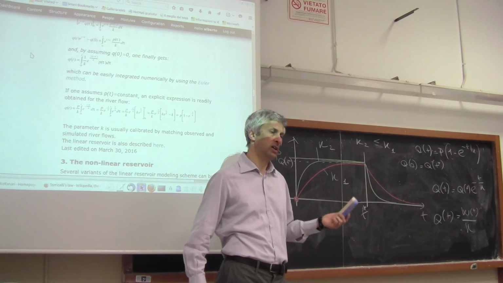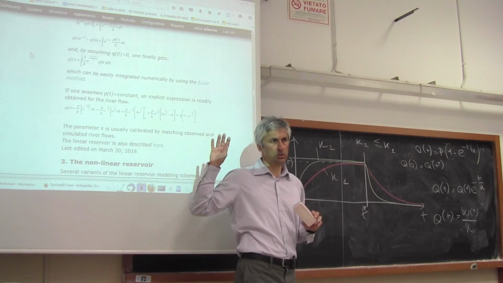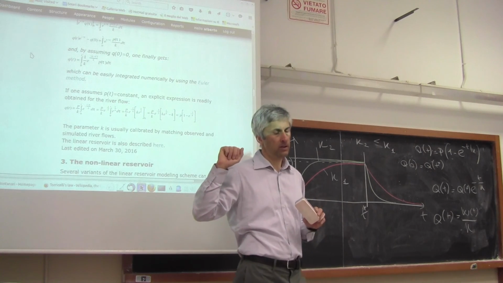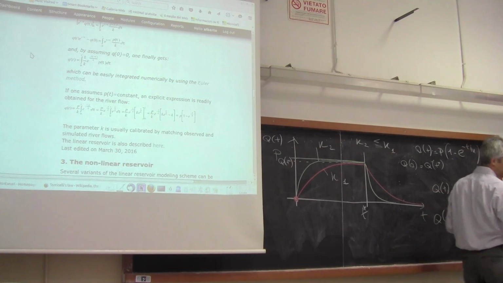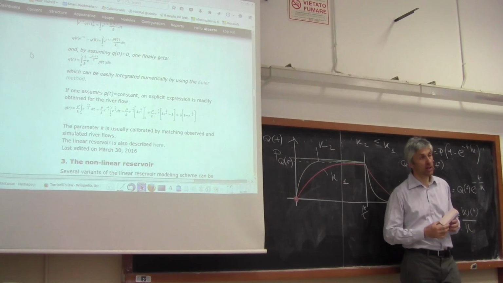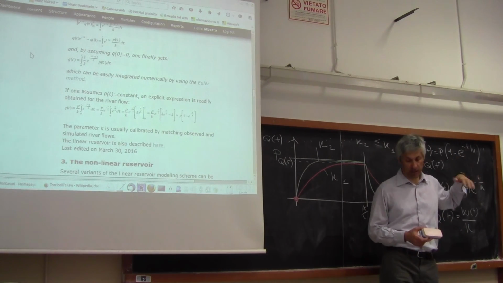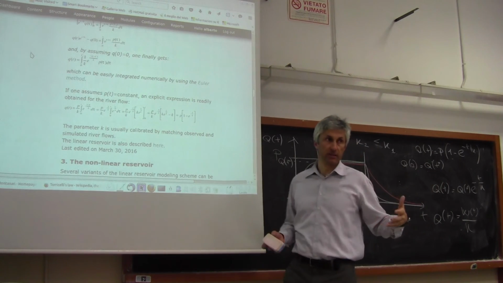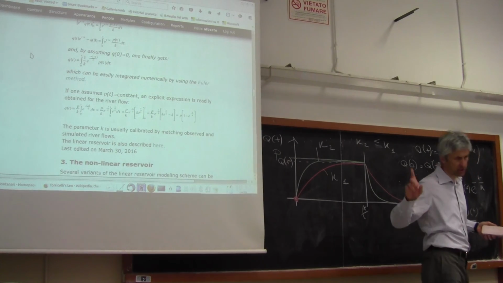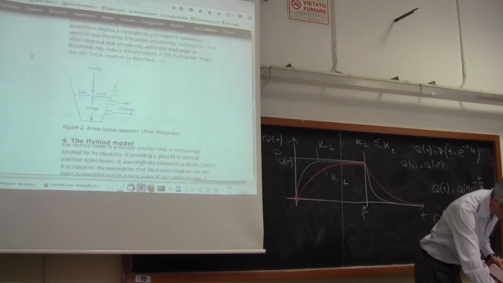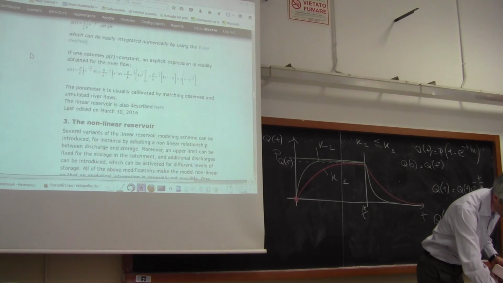So calibration is a different subject, but before illustrating the next rainfall runoff model, I want to anticipate some considerations, because tomorrow I would like to propose an exercise of application of the linear reservoir, and I hope that we can calibrate the parameter K. The exercise is still not here, but in any case, tomorrow it will be there.